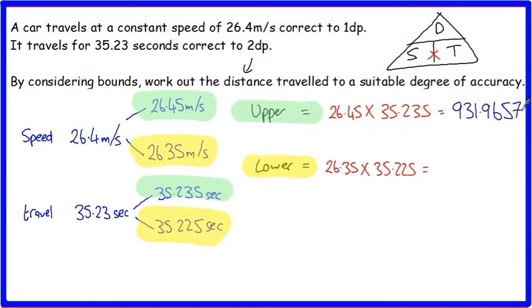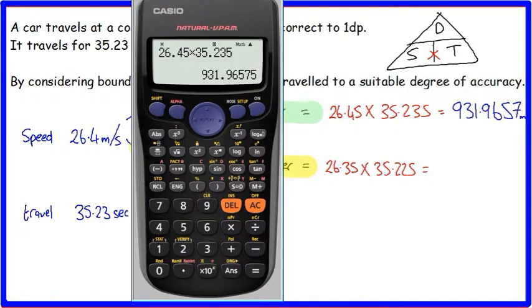Okay, and this is distance, so this is meters. Okay, do the same for the bottom. 26.35 multiplied by 35.225 is 928.178.